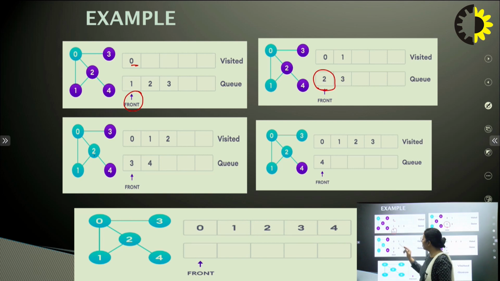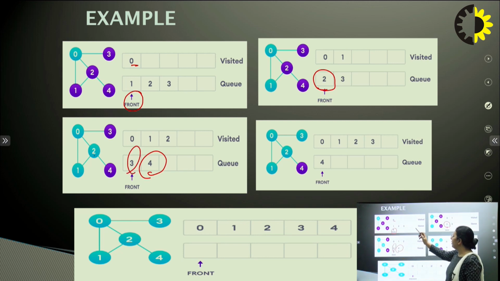From 2 we can reach 4. We have placed 4 here, that comes under the non-visited nodes. And 3 we can reach only by using 1, that has already been visited. So here it is 4, and this one is the visited nodes.